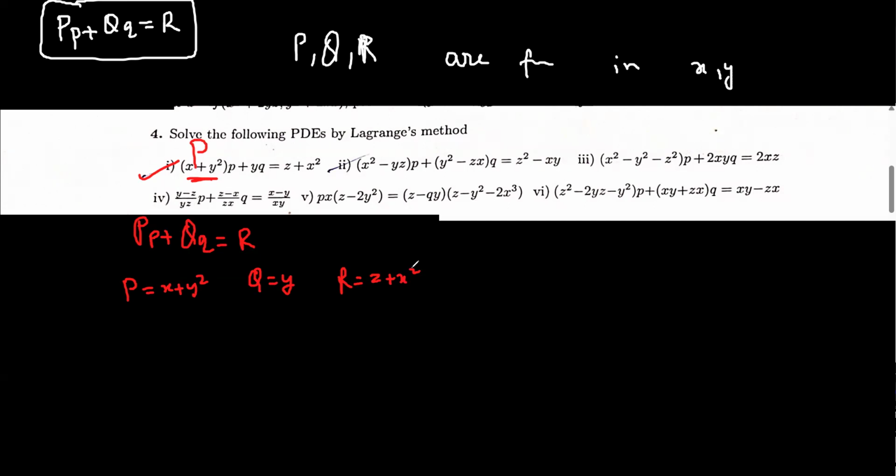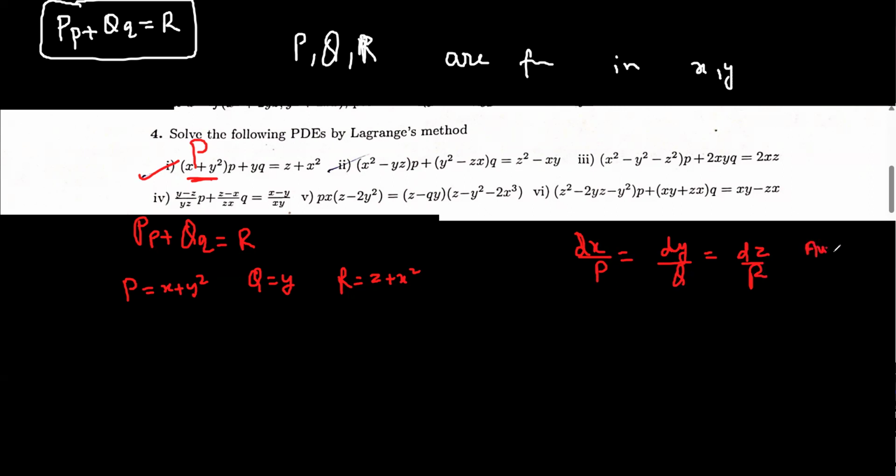Yes. Now see how to find Lagrange equation. This is the general form: dx upon P is equal to dy upon Q is equal to dz upon R. This is called auxiliary equation.